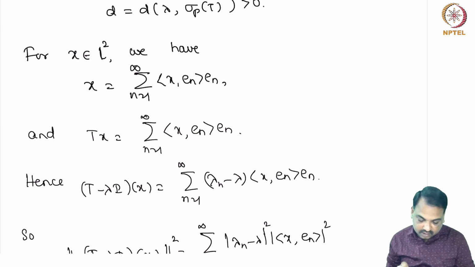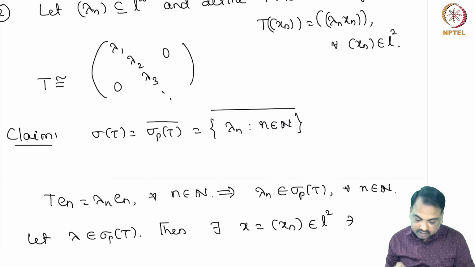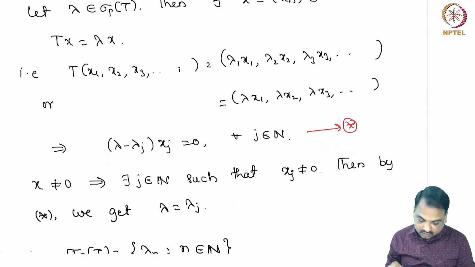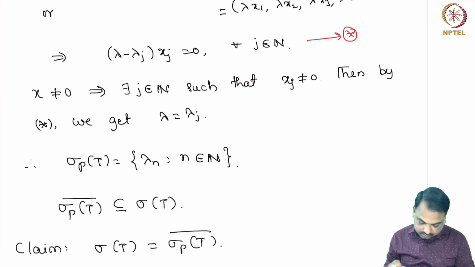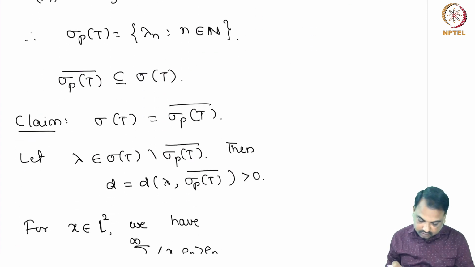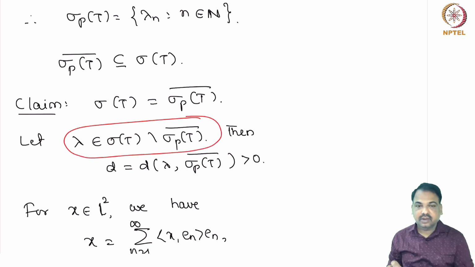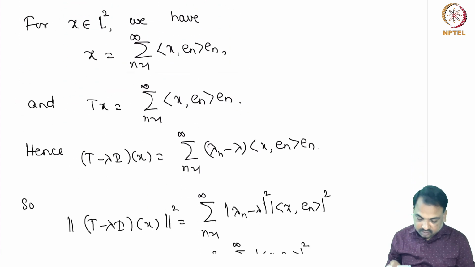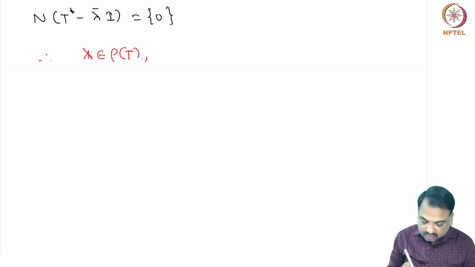So when we have taken lambda in the spectrum of T but not in the closure of the point spectrum, that means we assume that the closure of the point spectrum of T is a proper subset of the spectrum of T. Then we got that lambda is in rho of T, but we already know that lambda is in the spectrum of T. So this is a contradiction.